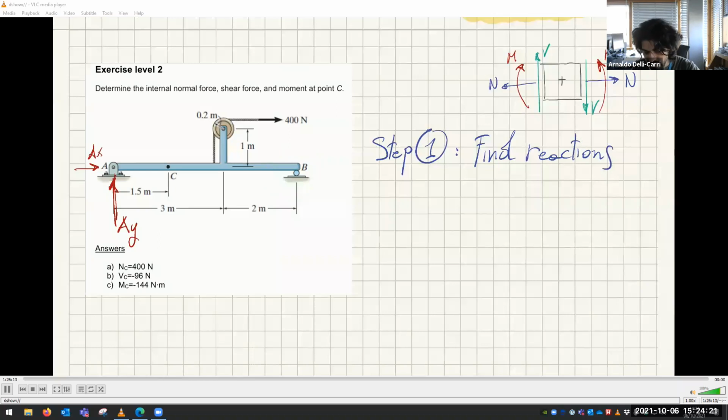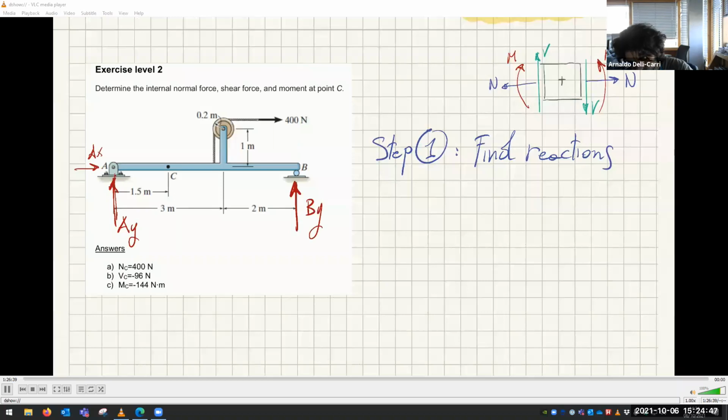So this is a horizontal roller. This can slide left and right, so it doesn't react left and right. But what it doesn't allow is this movement. So there must be a reaction force, BY, that's keeping it from moving.